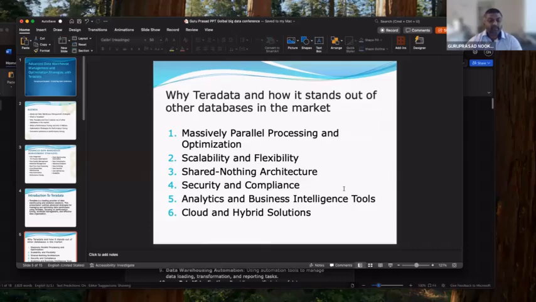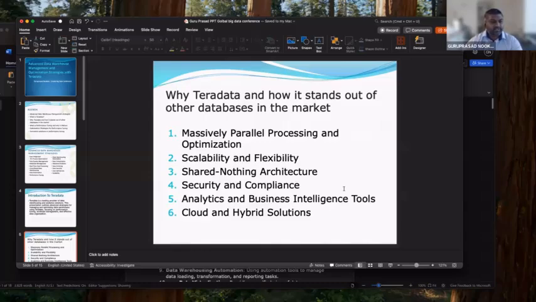This means Teradata can integrate and analyze data from different systems, applications, and platforms such as ERP (Enterprise Resource Planning), CRM (Customer Relationship Management), web and social media, etc. It can handle petabytes of data across hundreds or even thousands of nodes.